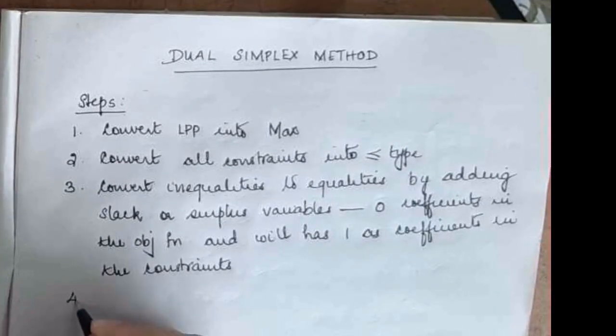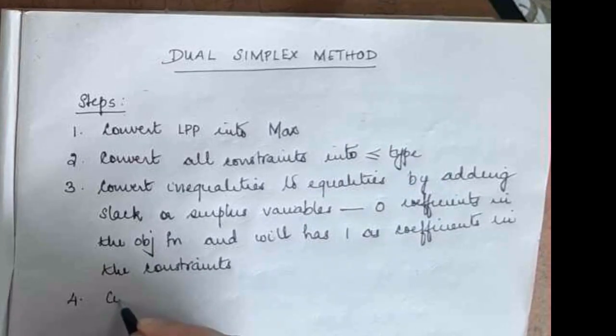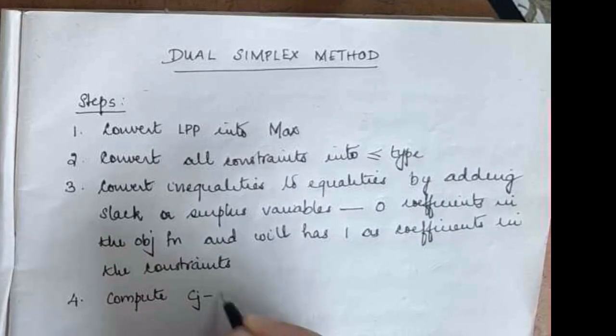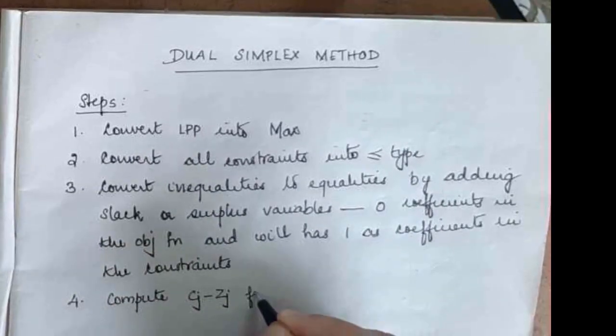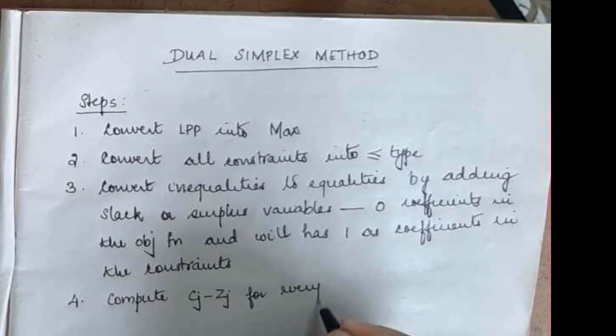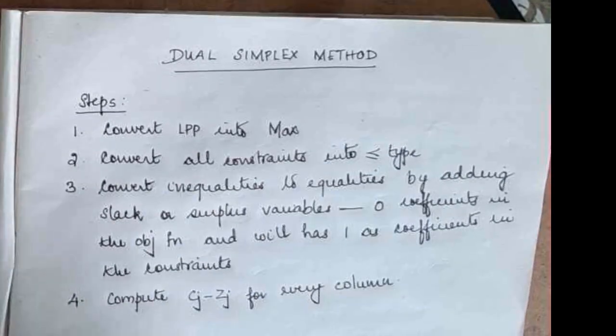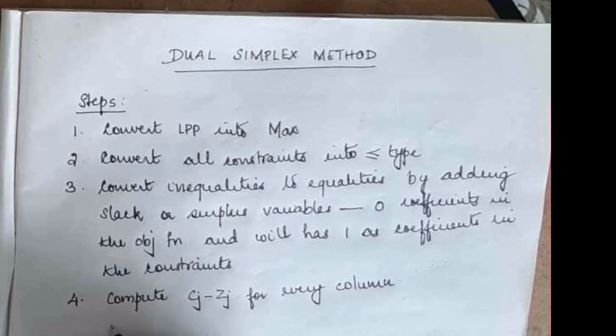Now, what we do again, like the simplex method, is compute Cj minus Zj for every column. Now there are conditions.